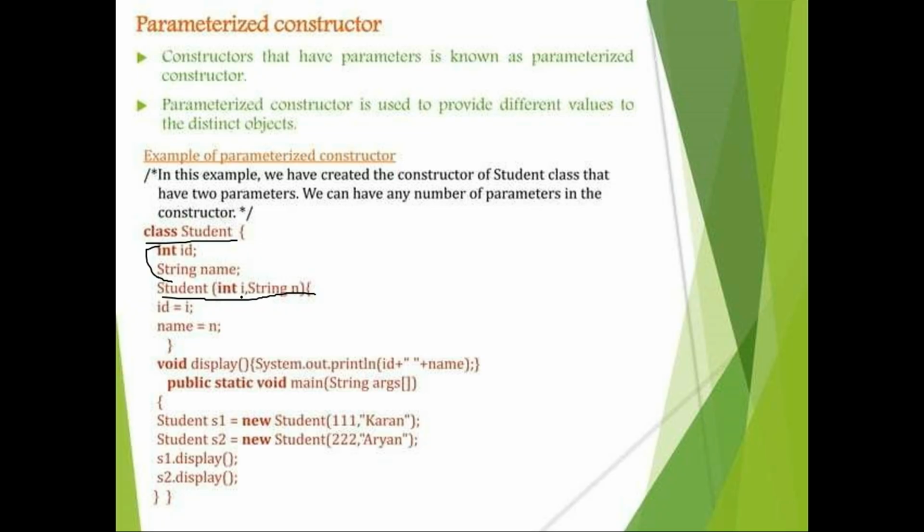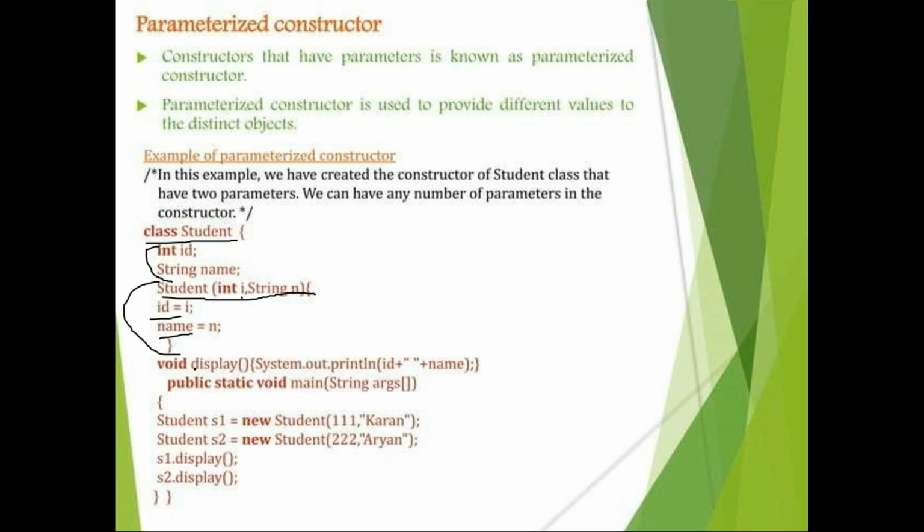Then we have assigned the values of i and n to the id and name. Because we are passing some values into the constructor, the passed values are assigned to the corresponding id and name. That is the process of this argumented or parameterized constructor.